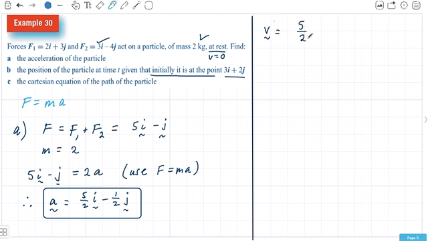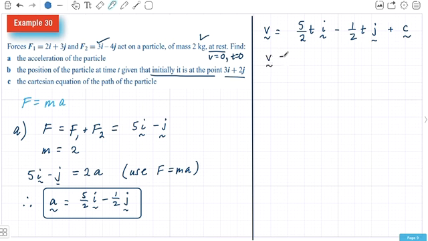So 5 over 2, integrating with respect to t, I should write t equals 0 there. So it's going to be 5 over 2 t i minus a half t j. Integrating with respect to t means that we just have these constants as coefficients of t. Plus we have a vector constant. Remember that when you integrate, you normally have a constant of integration. With vector functions, you have the constant, which is a vector.